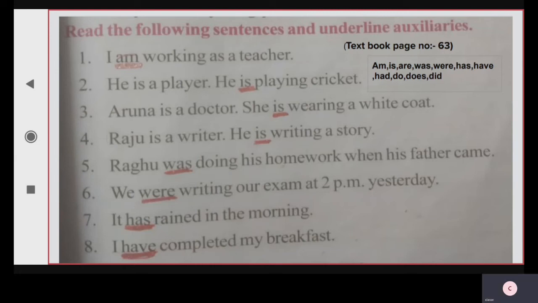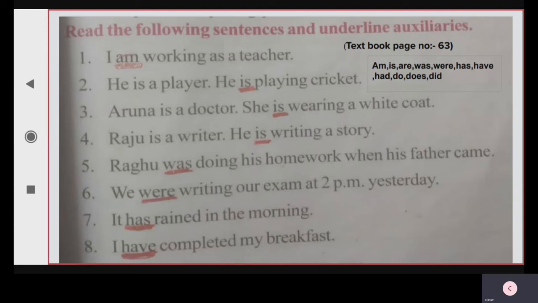Third one, Aruna is a doctor. She is wearing a white coat. In this also, there are two sentences. First one is, Aruna is a doctor. Here the word is used before a noun. Hence the word is acting as a main verb.